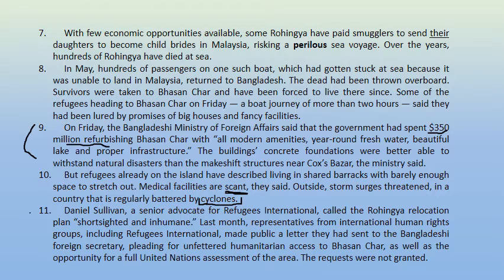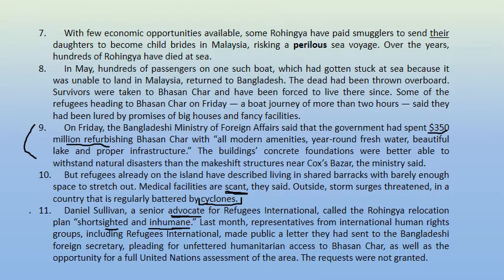Daniel Sullivan, a senior advocate, a defender, a spokesperson for Refugees International, called the Rohingya relocation plan short-sighted and inhumane. It doesn't respect their humanity. It doesn't meet their basic rights as humans.